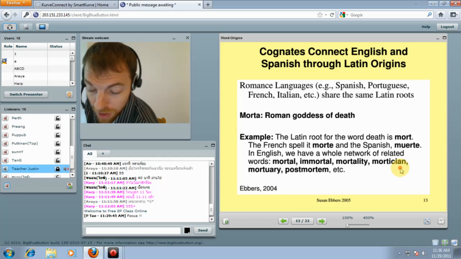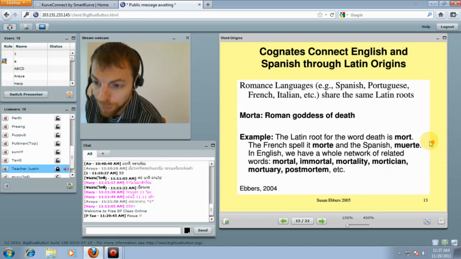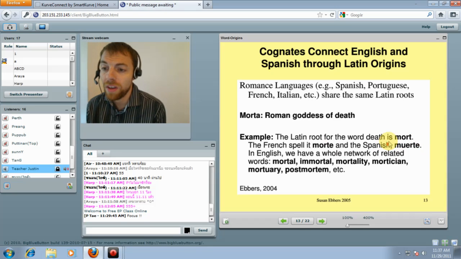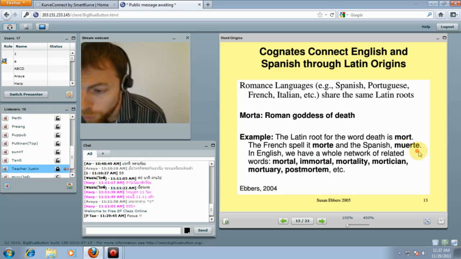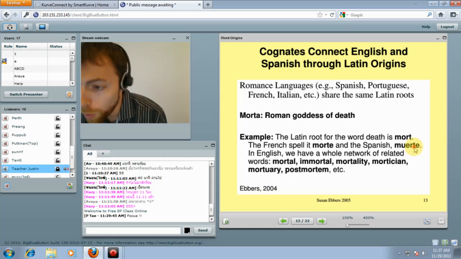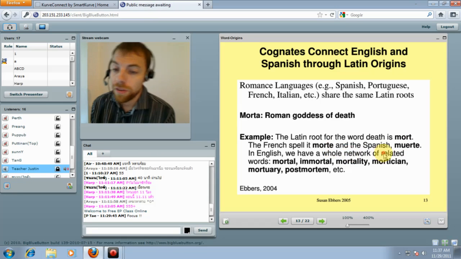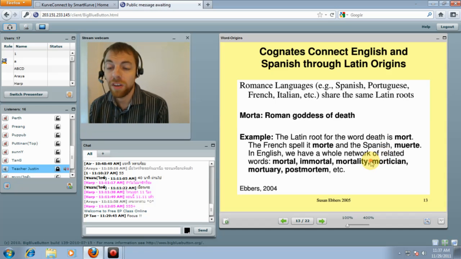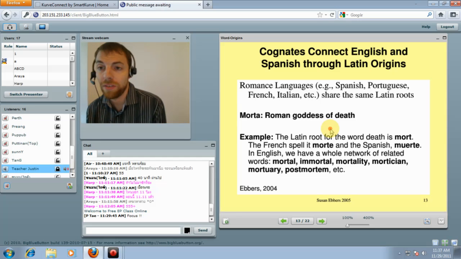A mortician is someone who works with death. But you see, these are three different languages and very similar. Muerte, mort, and morte. So it sounds very similar, and it's because they all come from a Latin base.